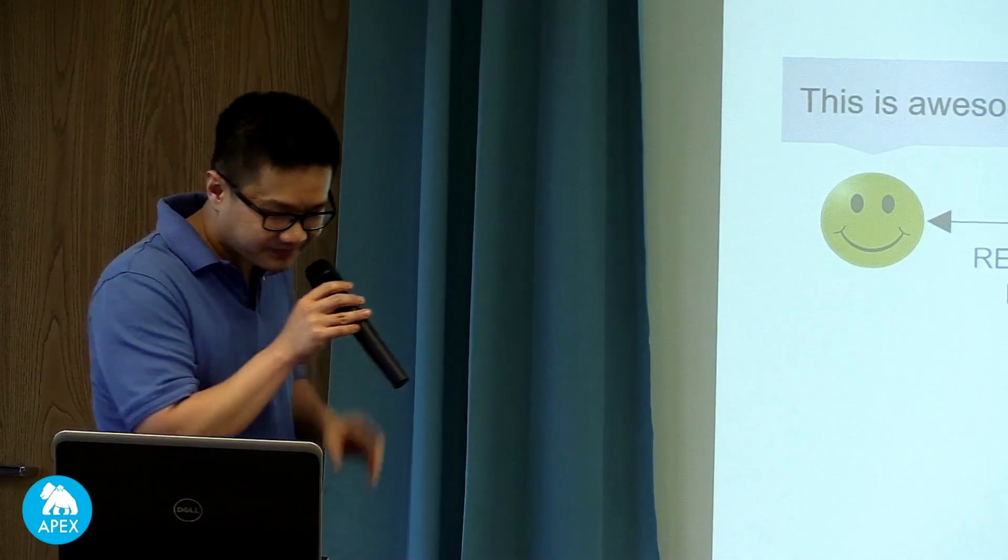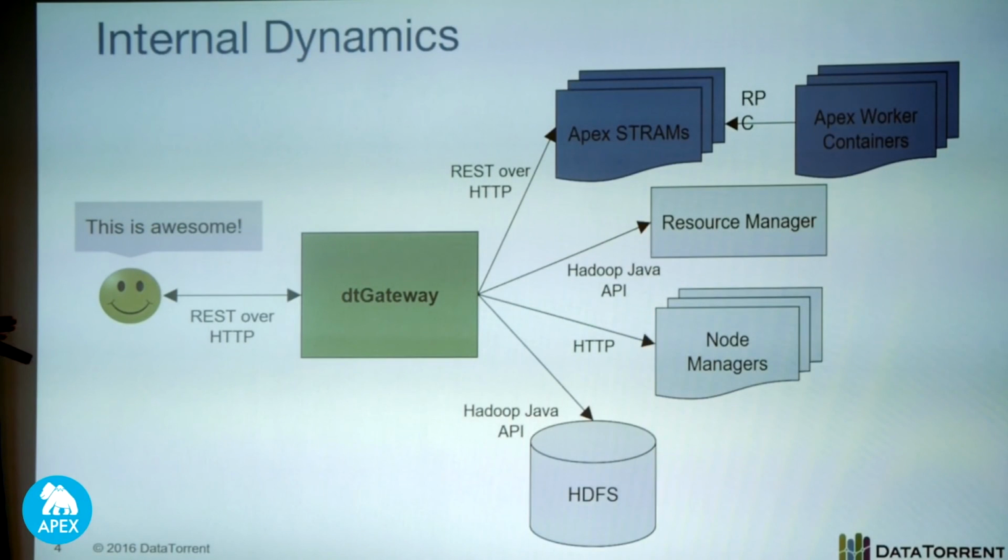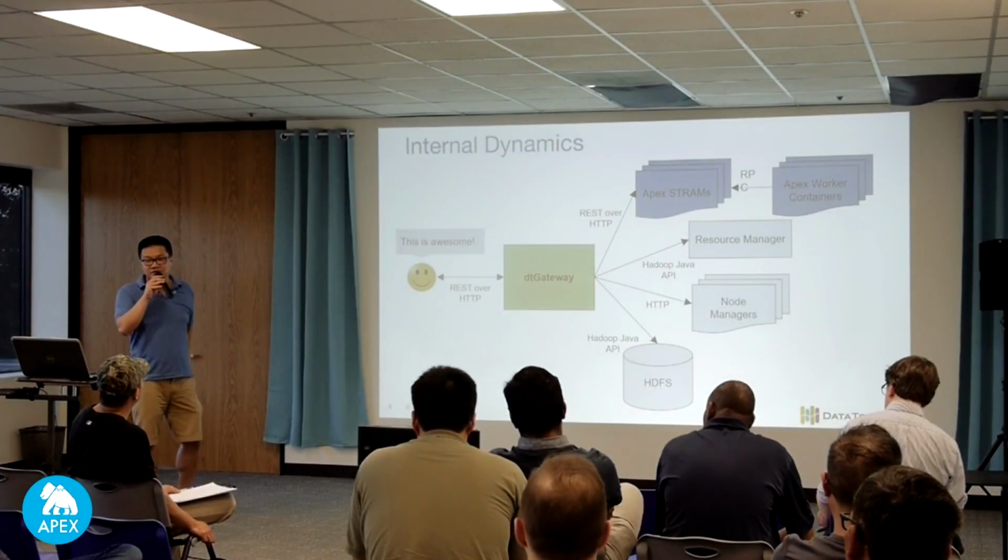So dtGateway actually pulls the data from Stram and also from the Yarn resource manager. Stram does not push the data back to the gateway. Stram has its own REST API. dtGateway issues REST API calls regularly to Stram and gets back the information that it needs.